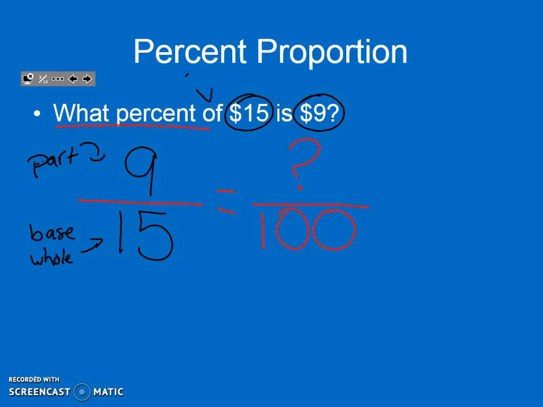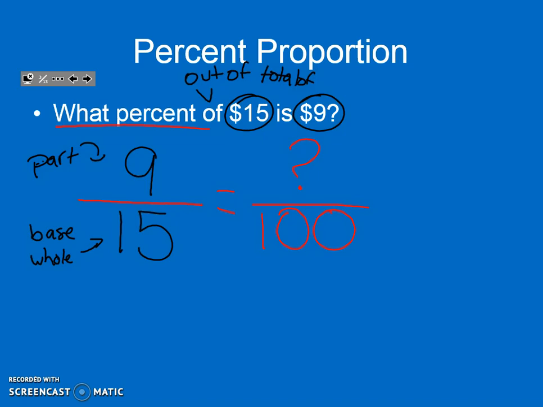So you're thinking about out of a total of $15. Usually, for the most part, about 90% of the time, the number that comes after the word of is going to be your whole. Not always true, but for the most part you can look to see the number that comes after of is going to be your whole.